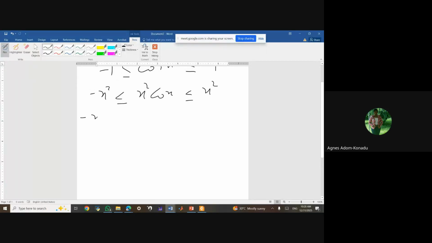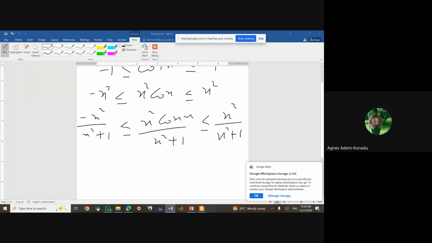So I have minus s squared over s squared plus 1 less than or equal to s squared cos s over s squared plus 1 less than or equal to s squared over s squared plus 1. The middle one is what I'm looking for.